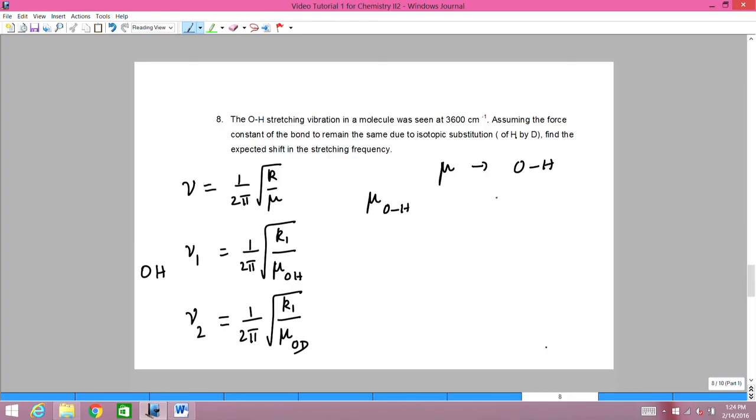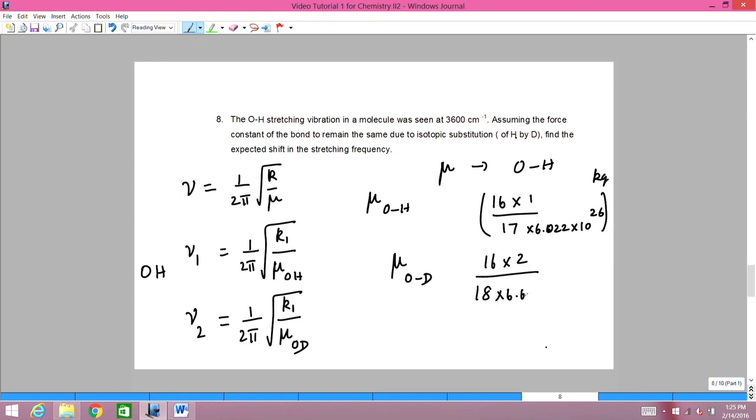Please remember, mu of OH is 16 into 1 by 17 times 1 by 6.022 times 10 to the 26, if you want to write this in kilograms. Whereas the mu of OD, if you remember, is 16 into 2 by 18, 16 plus 2, times 1 by 6.022 into 10 to the 26 kilogram.